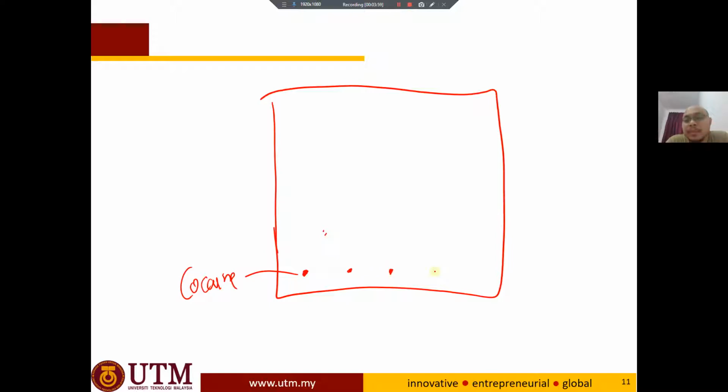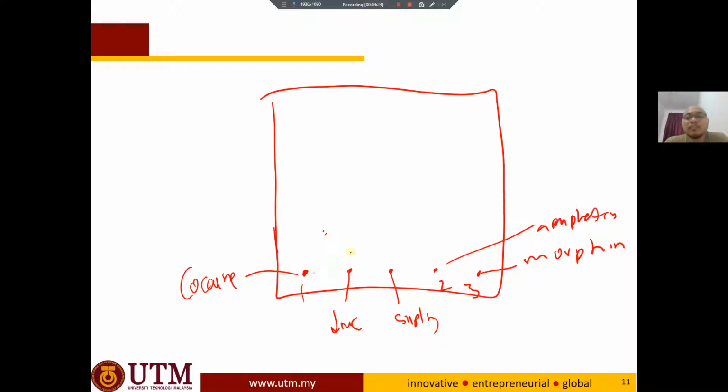Here is the standard of amphetamine, for example, and maybe another sample from a drug addict, another from the supplier. Say you have three standards, 1, 2, 3, and you can arrange them the other way around. It's up to you.